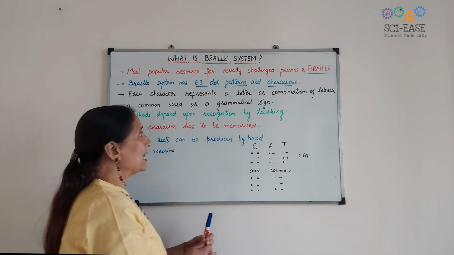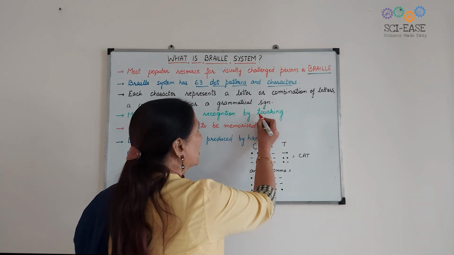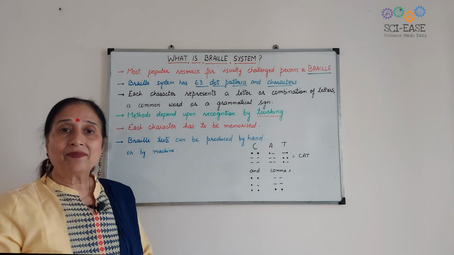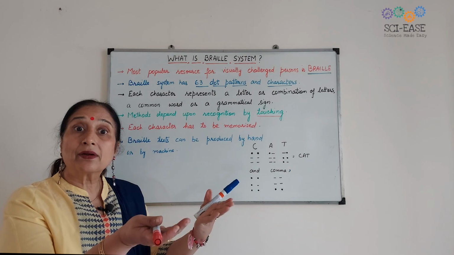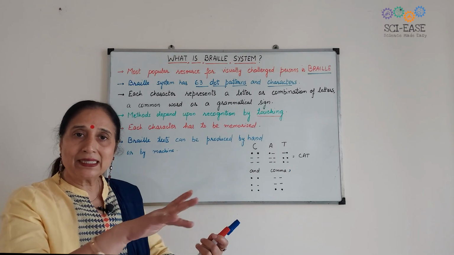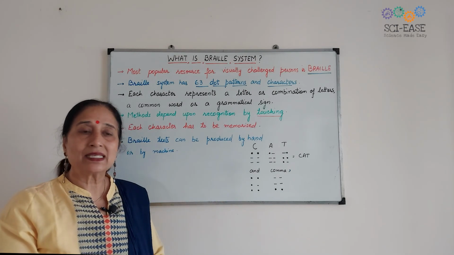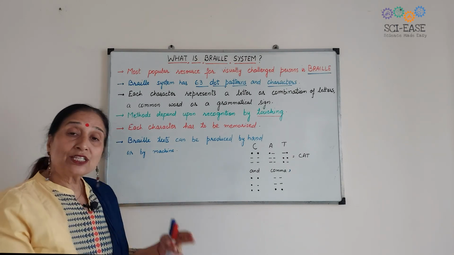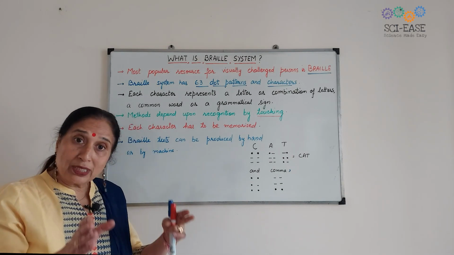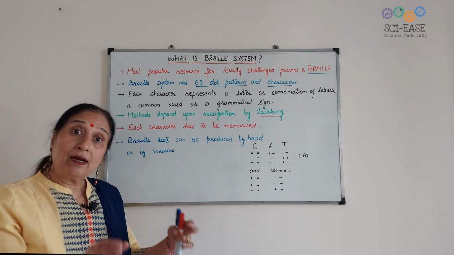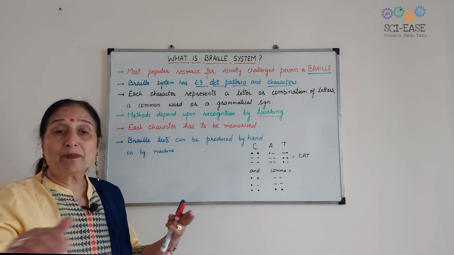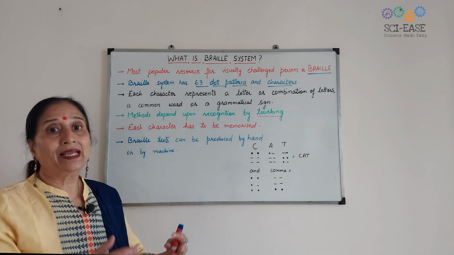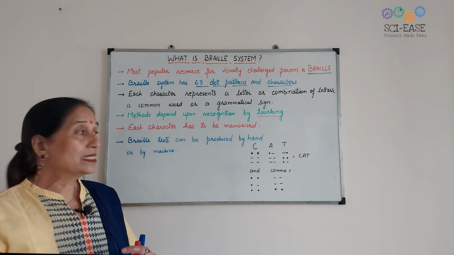These dots and letters are somewhat raised so that they can easily recognize them by touching. And each character has to be memorized. So it is a must that these persons memorize each and every character so that they can read or write easily.